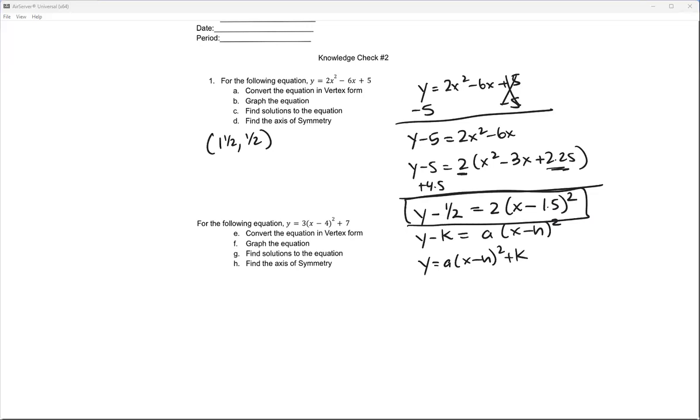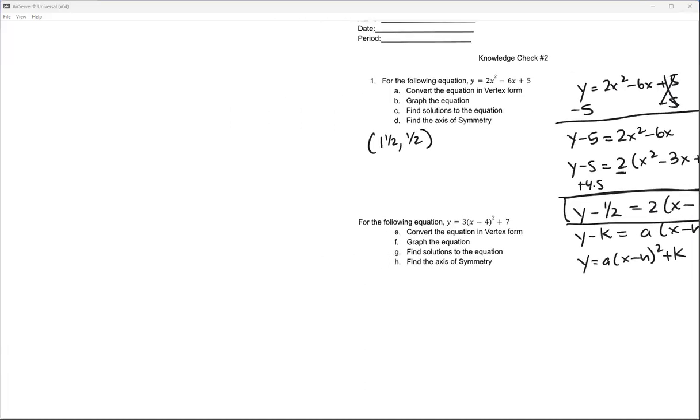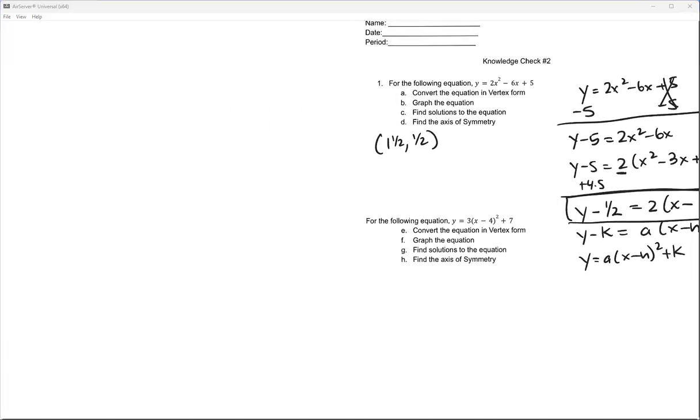All right. Graph the equation. Let's graph the equation here. So if we graph, it's going to be 1.5, 1/2.